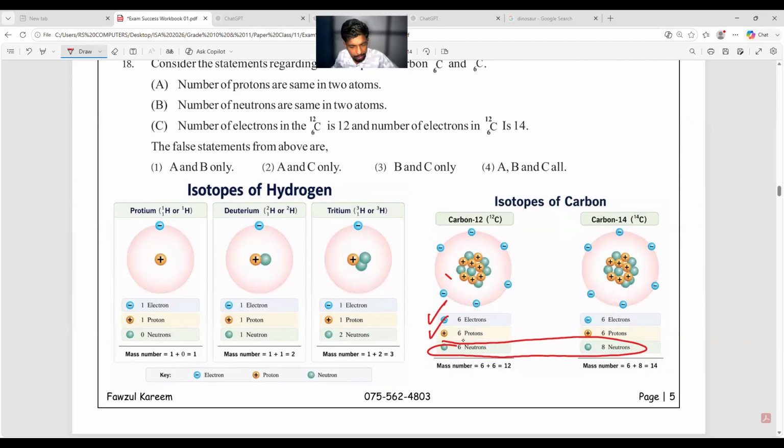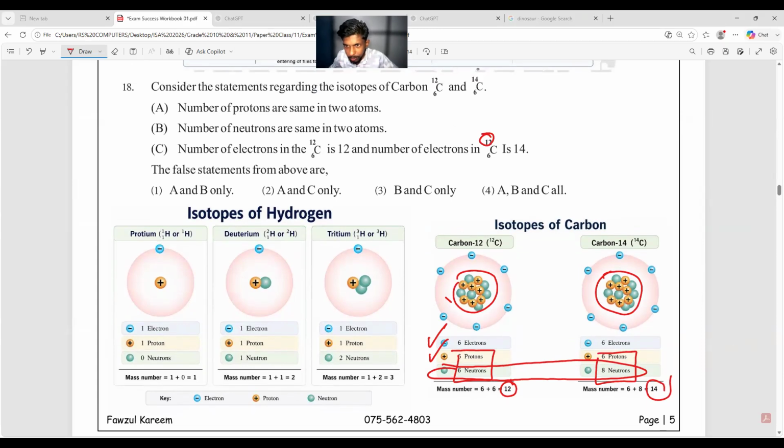If you want to find the mass number, you add the protons and the neutrons. The answer is 12. And for the other, proton 8 plus 6, proton plus neutron, that is 14. So what differed? Only the mass number and the neutron differed.